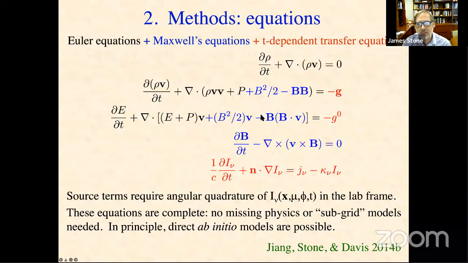The black and blue terms in the equations represent the fluid dynamics: mass conservation, momentum conservation, energy conservation, and Maxwell's equations to evolve the magnetic field for a magnetized fluid. And then in addition, we need to add in the radiation forces in the momentum equation, this minus G representing the radiation force, and the net heating and cooling rate due to photon-material interaction is a source term in the energy equation.